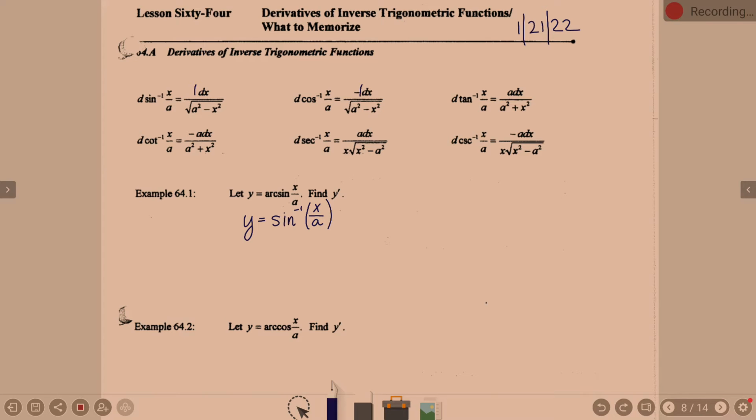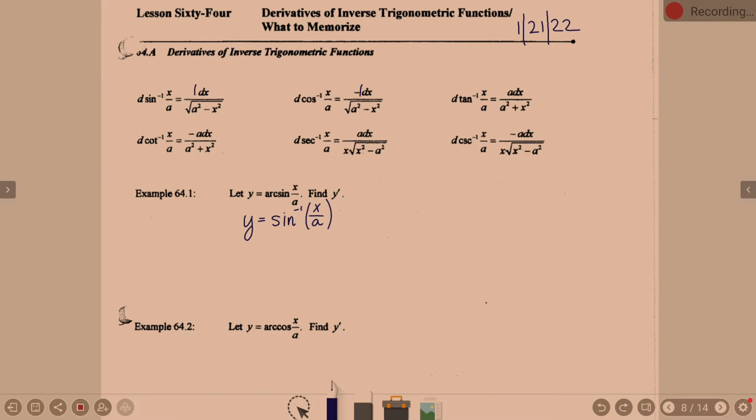With sine inverse, you're switching your input and your output. Normally with sine, we say the sine of this angle is equal to what number, right?